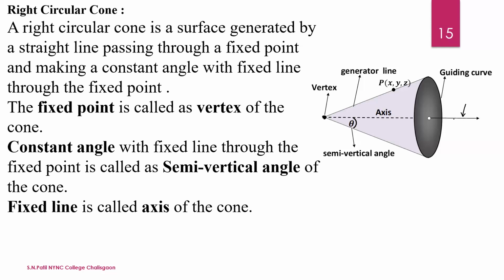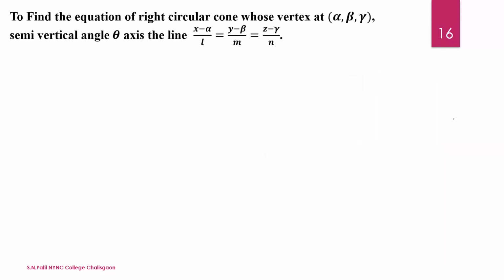Now let us see how to find the equation of a right circular cone. Here we find the equation of the right circular cone whose vertex is alpha, beta, gamma and semi-vertical angle theta. The axis is the symmetrical line given here. So first we draw the diagram.